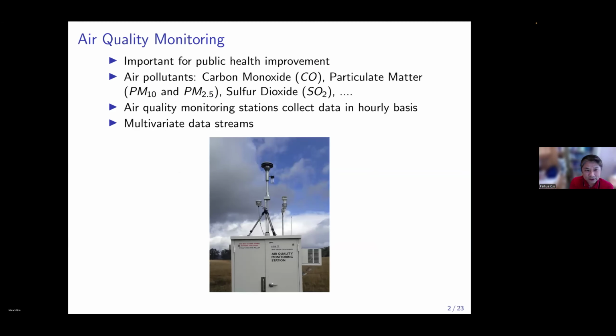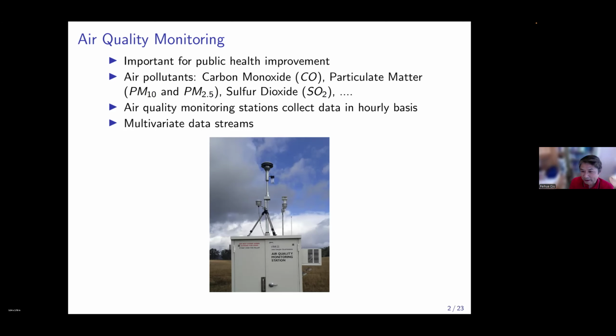And first, let me introduce the problem by using an example about air quality monitoring. We know that air quality monitoring is very important for public health improvements and so forth. There are a lot of air pollutants. For example, the major ones are carbon monoxide, CO, and PM 2.5 and others.